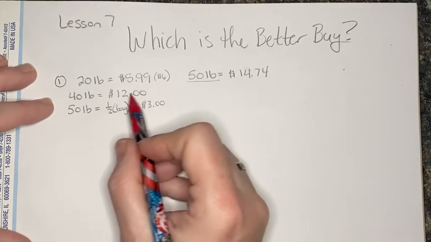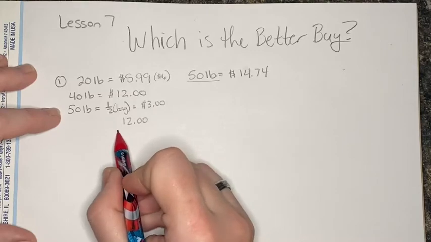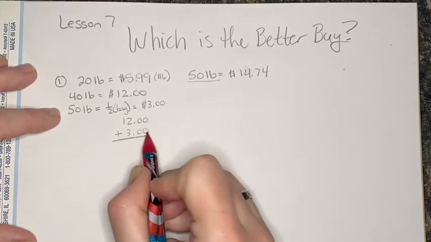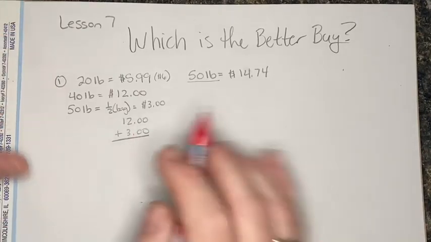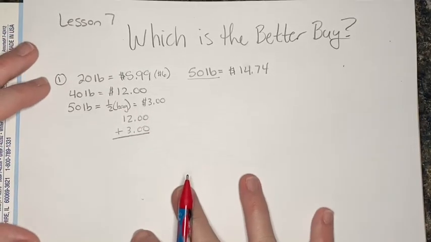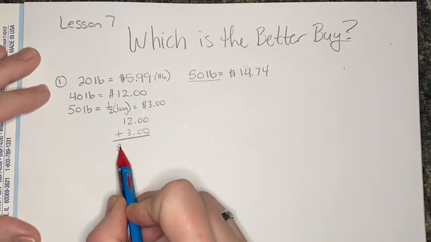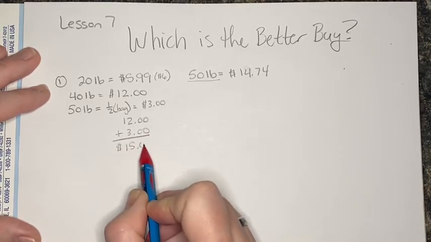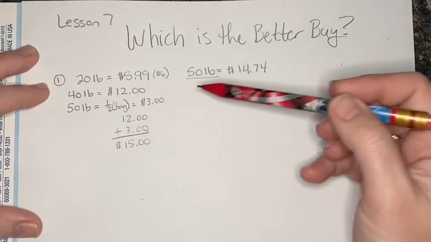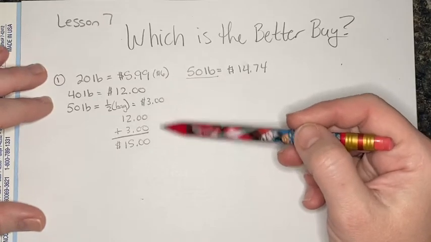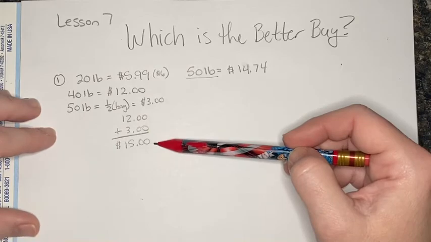If we add our $3 more to our $12 for our 40 pounds, plus the $3 for our half bag, not that you can actually buy a half a bag, but they're just trying to estimate which is the better price, okay? 12 plus 3 gives us a total of $15. So if it was possible to buy 2 1/2 bags of this dog food, it would cost $15.